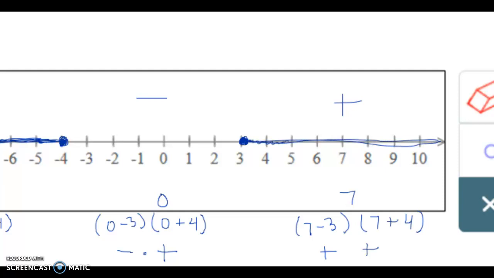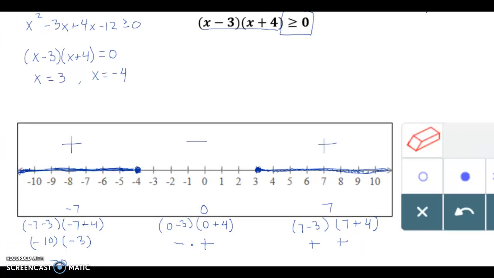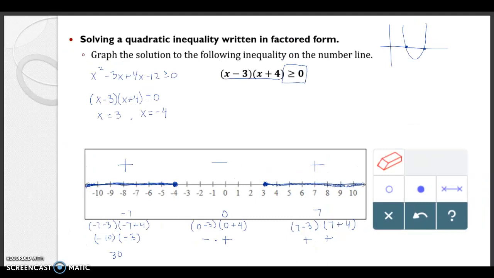And we draw little lines because those are x values that are going to make the statement above true. So between negative infinity and negative 4, and then from 3 to infinity, our outputs are greater than or equal to 0, or our function is above the x-axis.